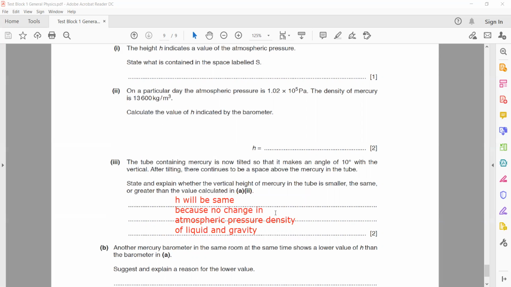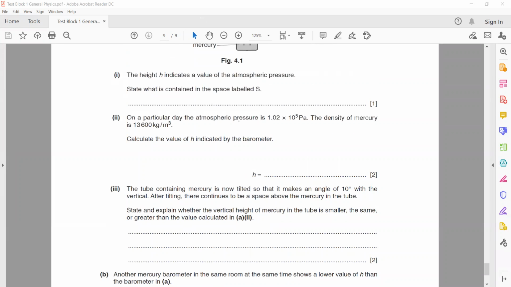Another barometer in the same room at the same time shows a lower height. What might be a reason why it is placed in the same room but showing a smaller height? So what could be the reason?